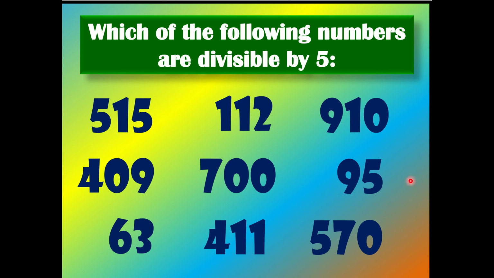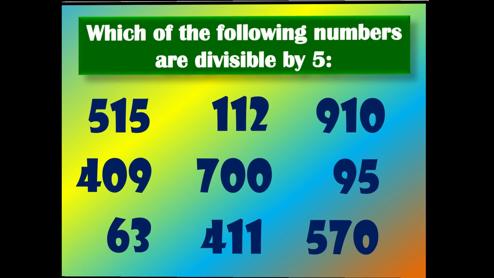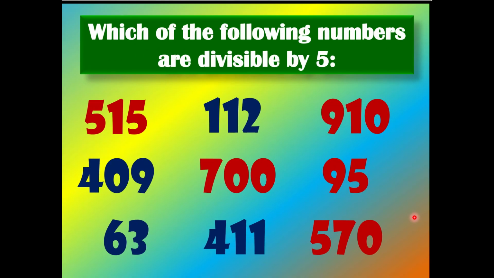So which of those are divisible by 5? You just choose. You may choose 1, 2, 3, or more, as long as it is divisible by 5. Okay, time is up. Let's answer. Which of them are divisible by 5?